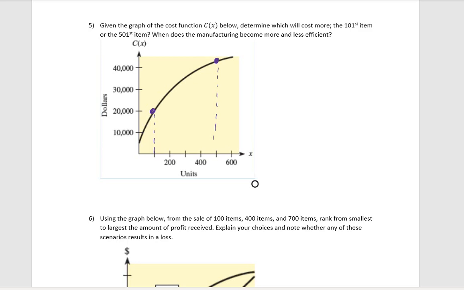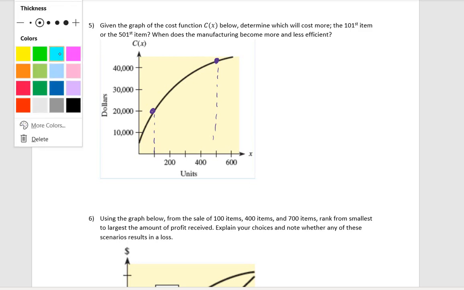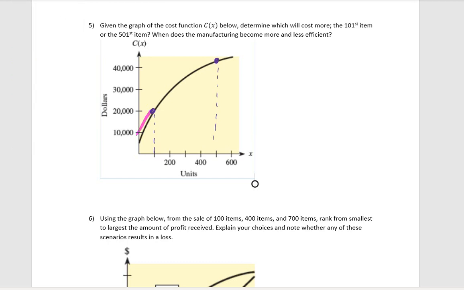What we're really interested in is the tangent line. So if I draw a tangent line here for the 100th item, and I draw a tangent line here, which tangent line is steeper, aka greater? What I can see here is that I have a bigger tangent line than I have here.